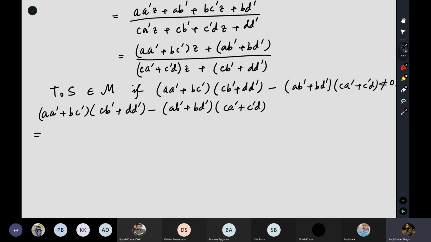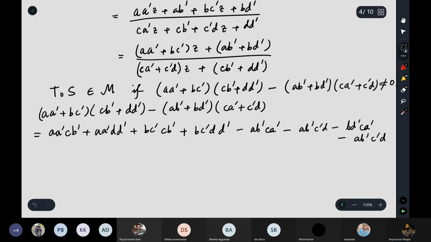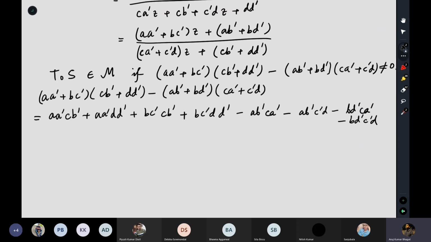If you simplify this, I'll just write it down: A'C B', just multiply, A'D' plus BC'CB' plus BC'DD' minus AB'CA' minus AB'C'D minus BD'CA', and then minus BD'C'D. Sorry, the last term is BD'C'D. So a few things will get cancelled for sure.